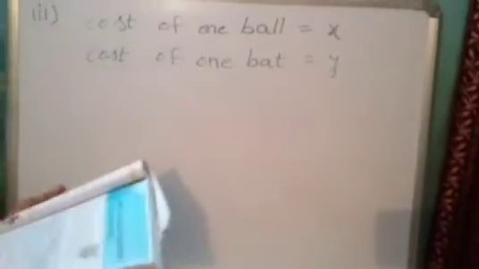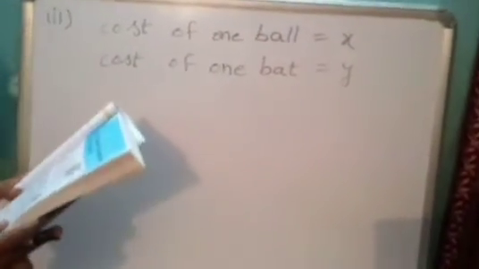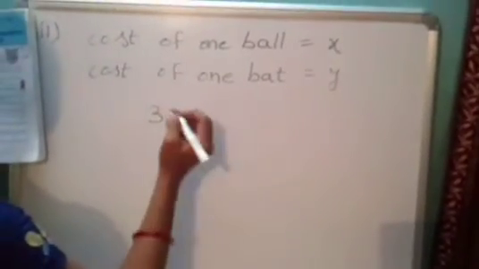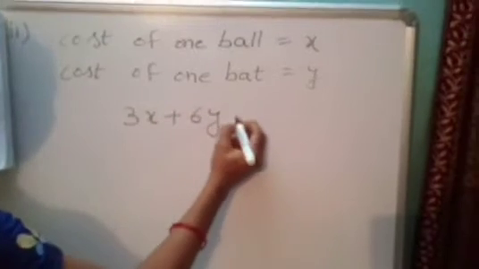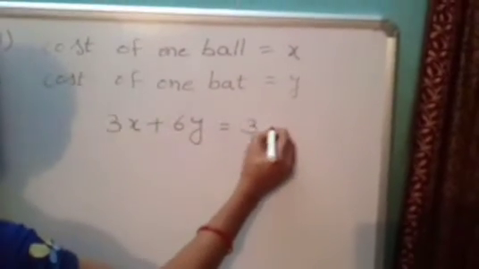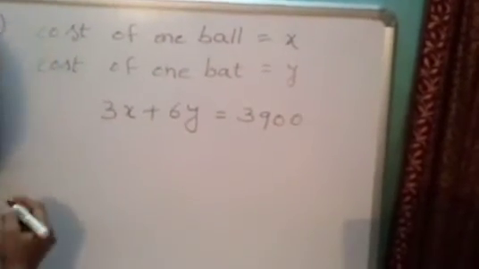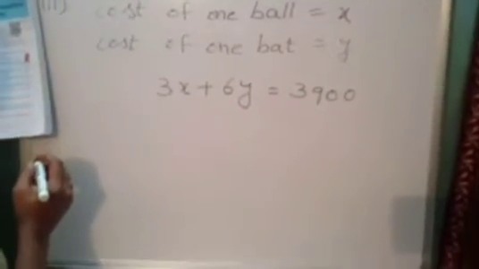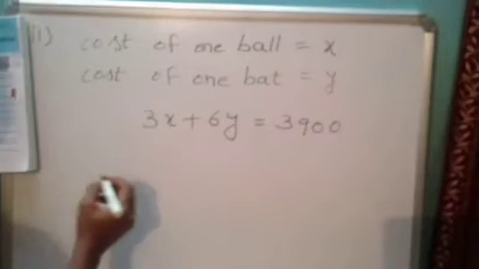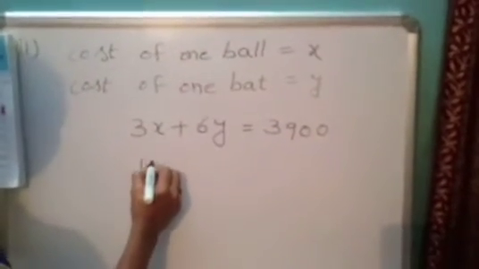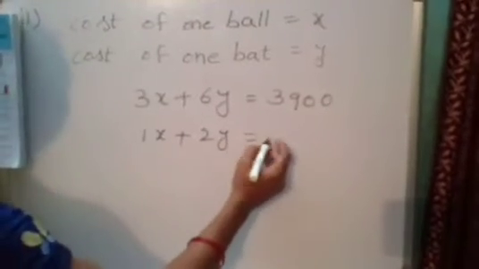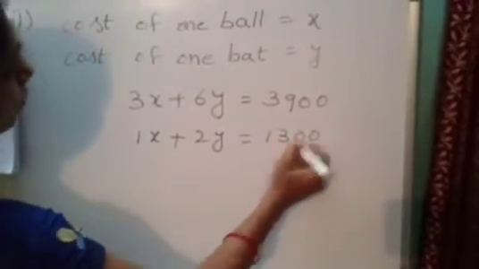According to the problem, 3 bats and 6 balls for 3,900 rupees: 3x plus 6y equal to 3,900 rupees. And the second one, 1 bat and 2 balls for 1,300 rupees: 1x plus 2y equal to 1,300 rupees.